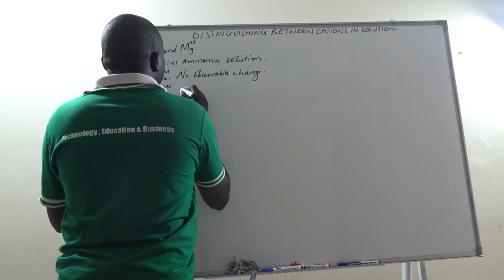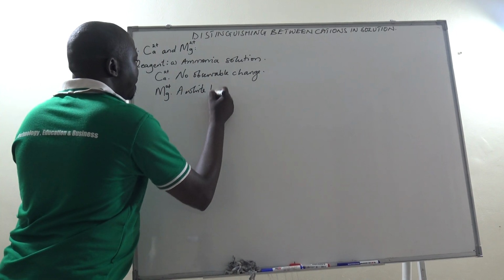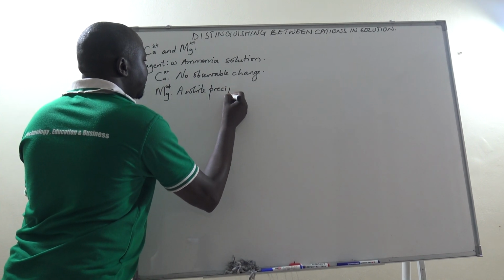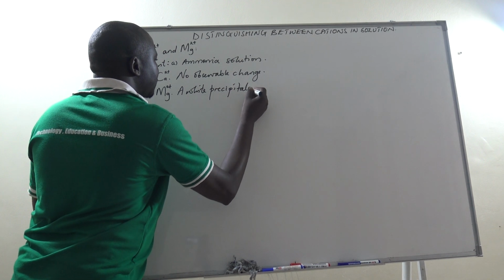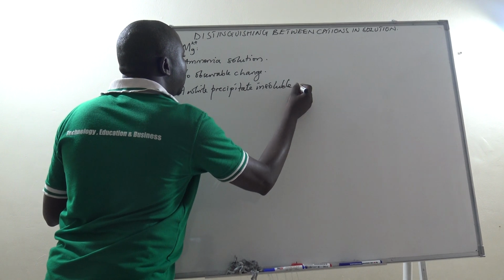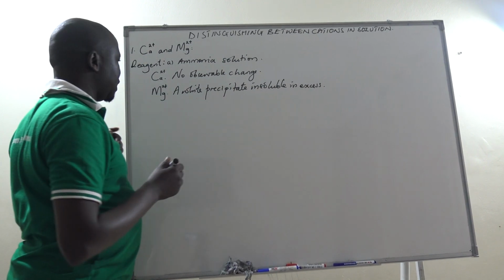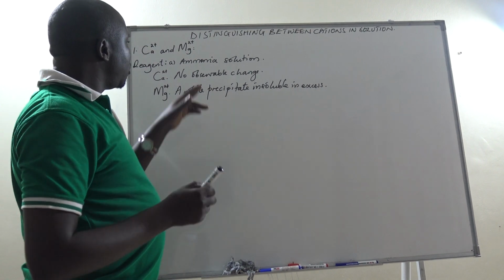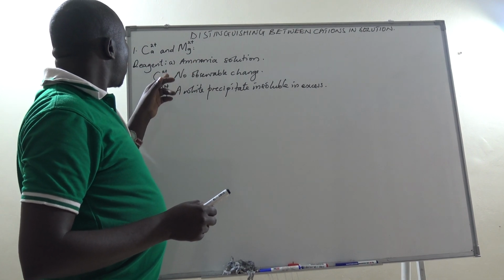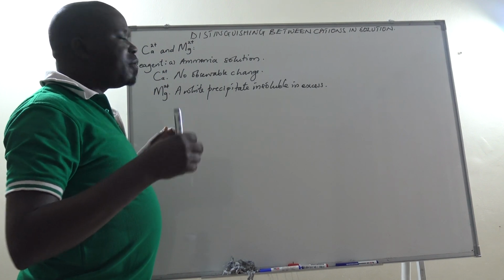So this one gives us a white precipitate insoluble in excess. Perfect. So ammonia solution makes us get different observations with these two cations when we treat each of them with the reagent separately.